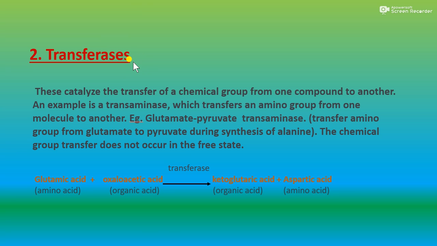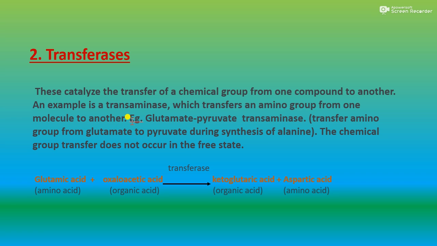Now we see another type of enzyme, the transferases. What are transferases? These enzymes catalyze the transfer of a chemical group from one compound to another. An example is transaminases, which transfer an amino group from one molecule to another.